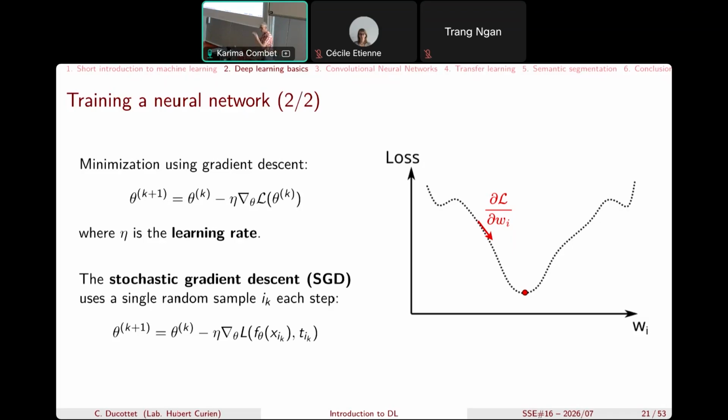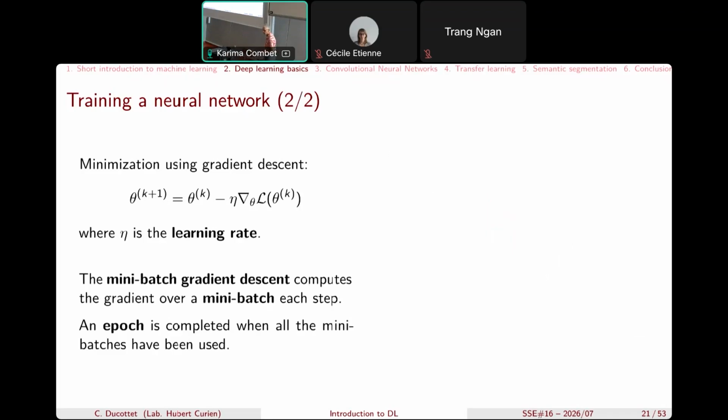So this is the other extremity of this algorithm. The first is to use all the samples. Here is to use one. In fact, what is more efficient is to be in between, which is called the mini batch gradient descent. What is done in the mini batch gradient descent?